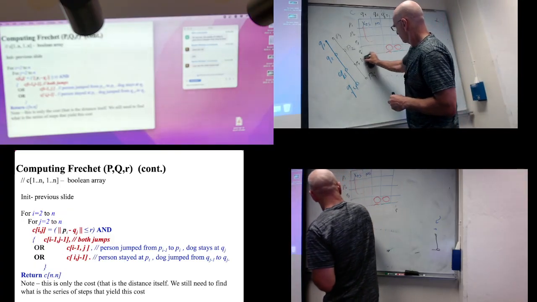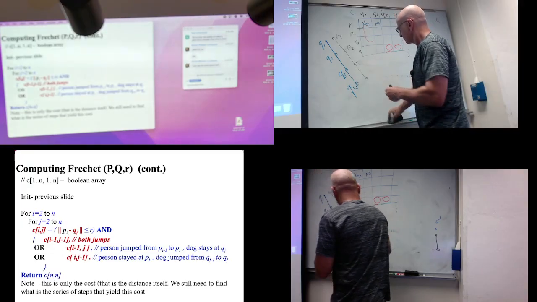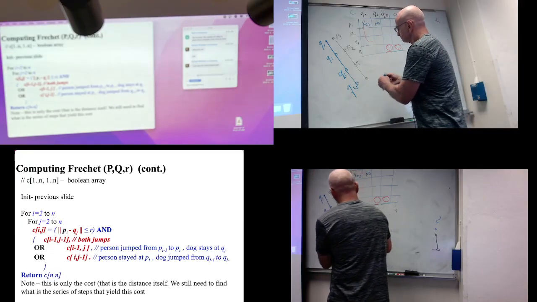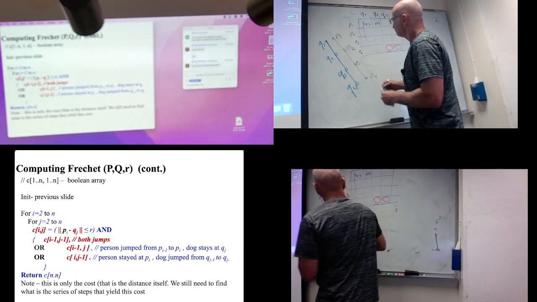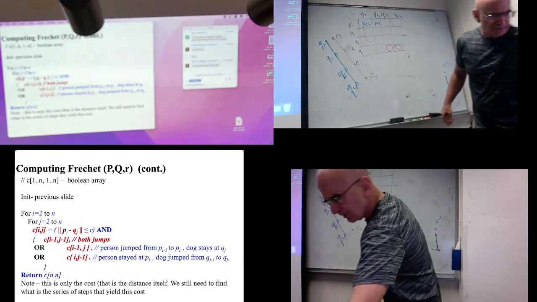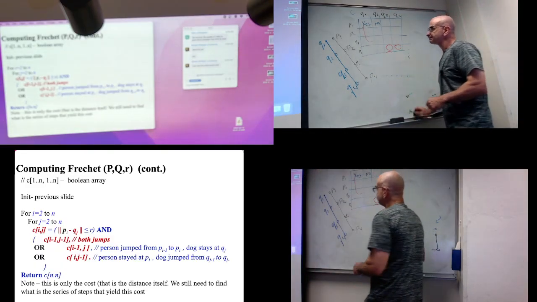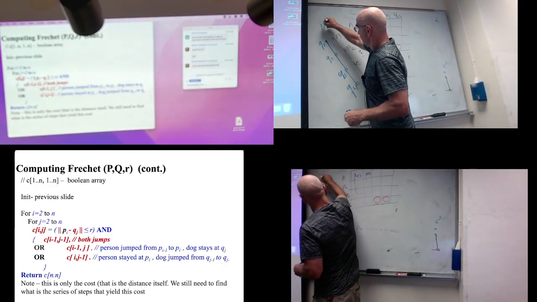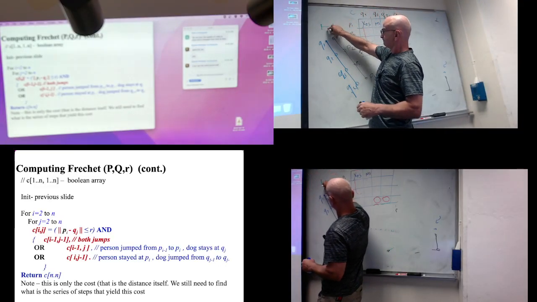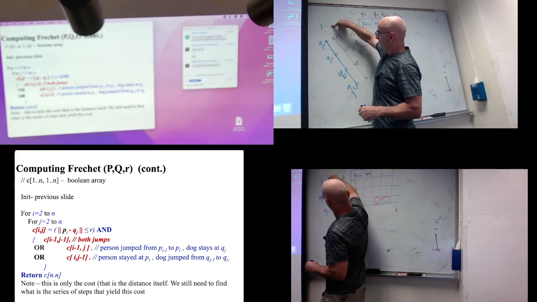I don't need the last row. That would actually be P4. And my target length of the leash in this example is this length of the leash, really this flex of a leash.